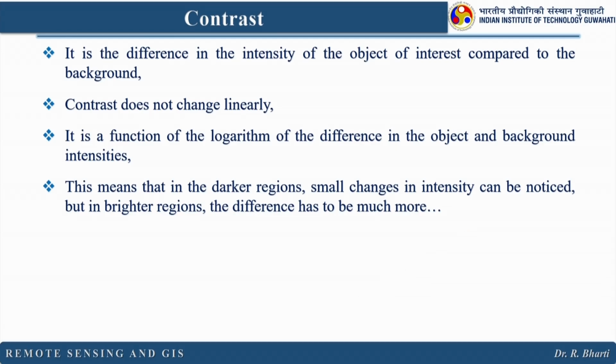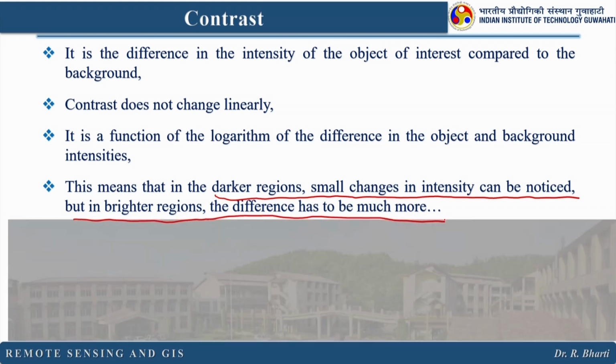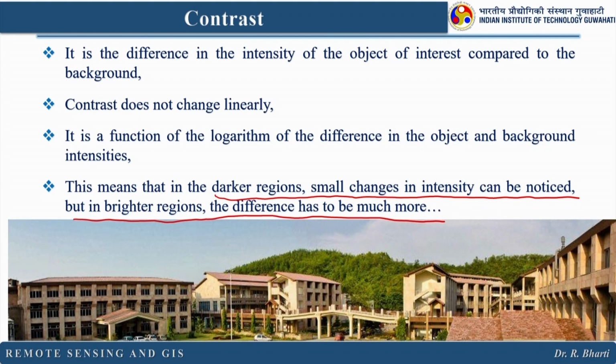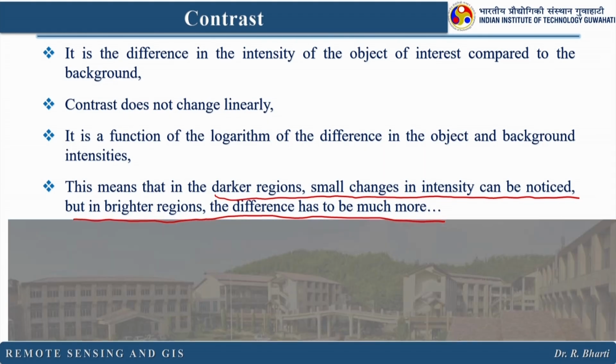So it is saying in the darker region, small changes in intensity can be noticed, but in the brighter region, the difference has to be much more, right? So here you can see one example. Now just compare with the first photograph and observe this particular part of this photograph.